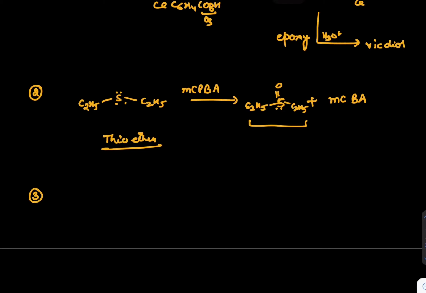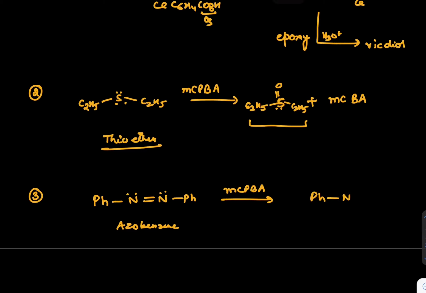Reaction number 3 is the oxidation of different compounds, let's say we take azobenzene. What is azobenzene? Ph-N double bond N-Ph, a very important compound once again. Take azobenzene, and react it with mCPBA. What you can expect is azoxybenzene as the answer. When you say azoxybenzene, it is Ph-N double bond N coordinate O-Ph.